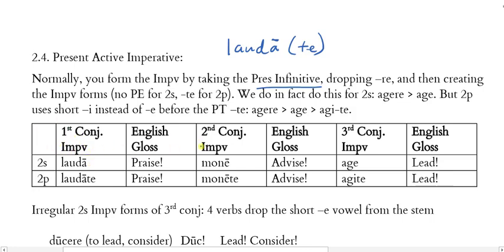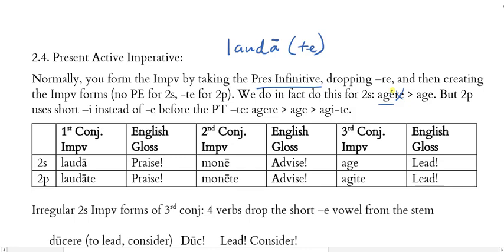All right, so I'll remind you here how we form the first and second conjugation imperatives before we look at the third, but just to give the brief overview here. So we'll do what we typically do for third conjugations for the second singular. So agere, right? We're going to drop the re, and we're left with age. And with no ending, that is the second singular, lead. But for second plural, you would normally think you would just add a te, right? Agete, but that's not what happens.